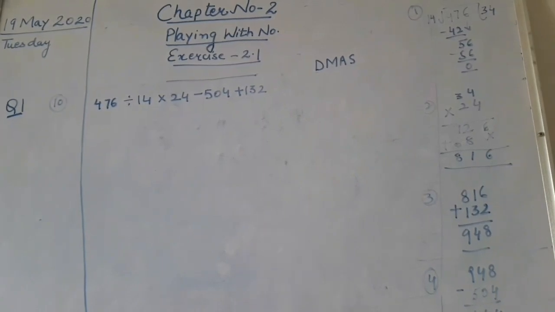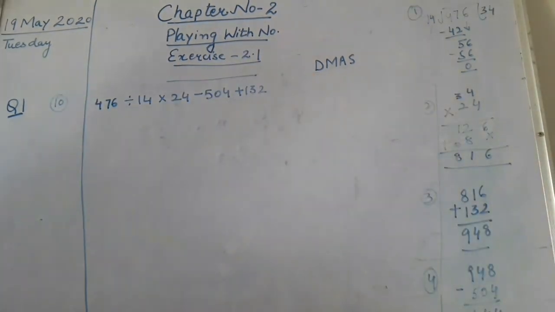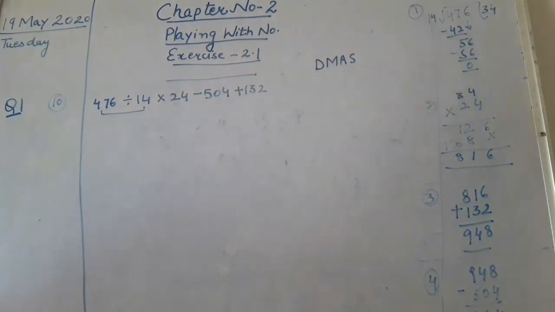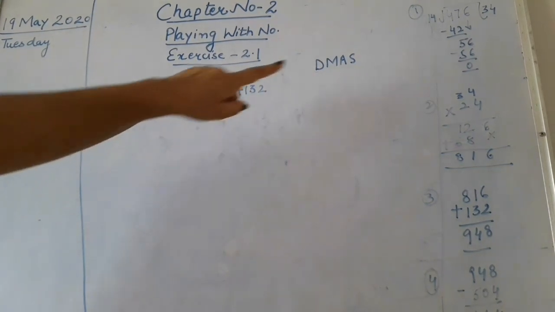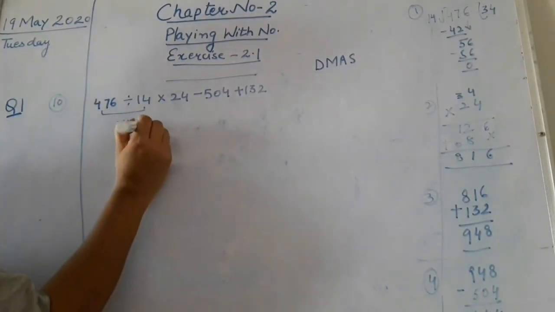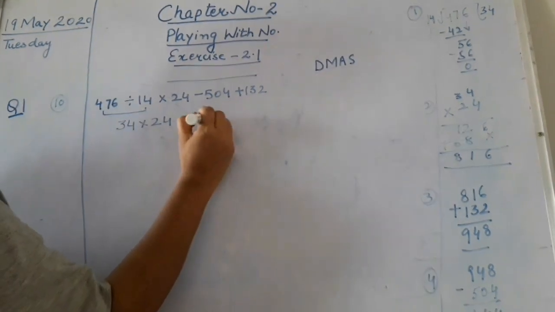Now let us solve the 10th part of question 1. It says 476 divided by 14 multiplied by 24 minus 504 plus 132. Again we will do the division first. Here you can see the division sign, and on solving 476 divided by 14 I get my answer as 34, and then I write my statement as it is.